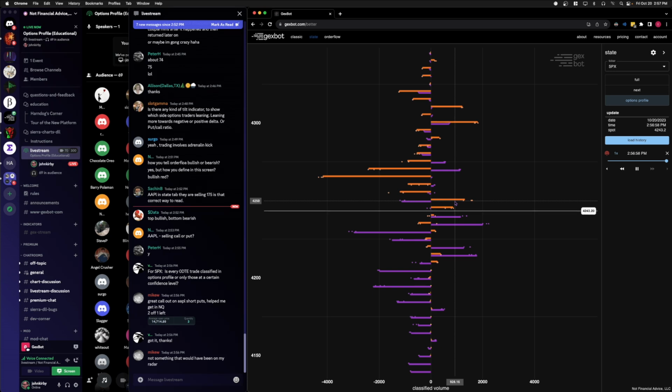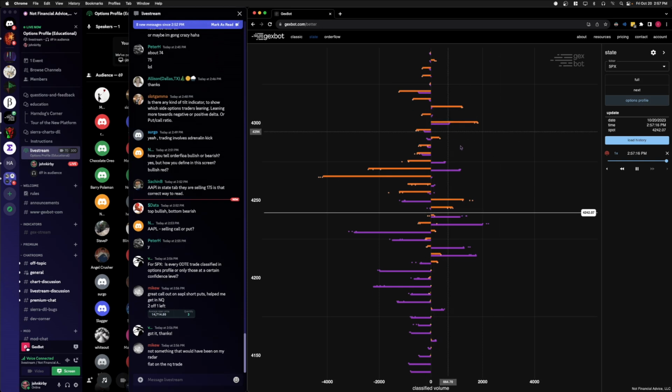If I say that this specific strike has 1,300 or whatever, it might not be exactly 1,300, right? But what is super, super accurate is the relationship of all these strikes to each other.